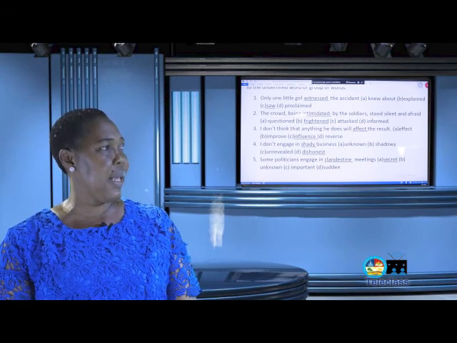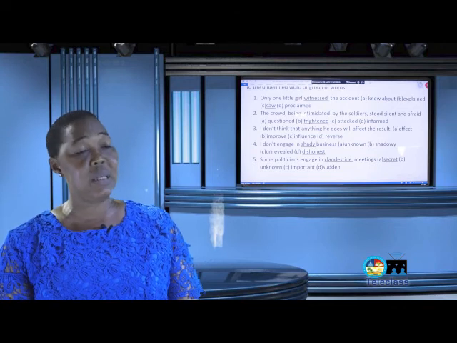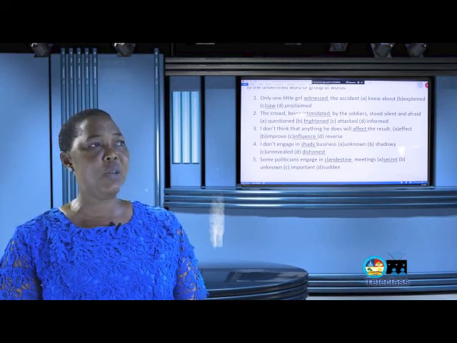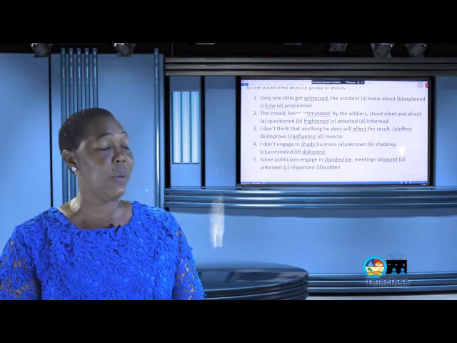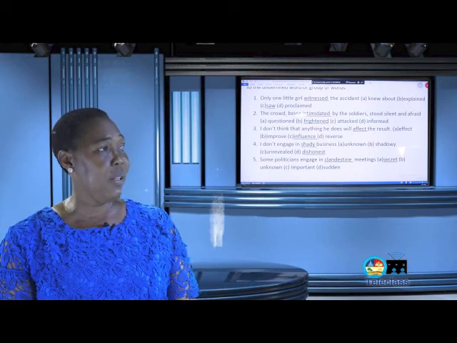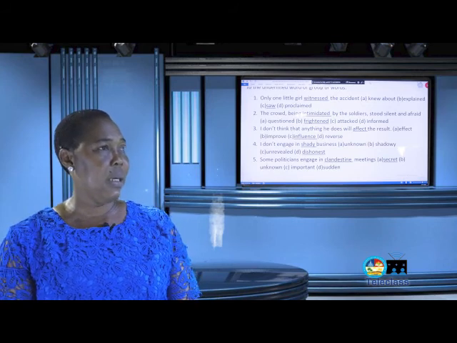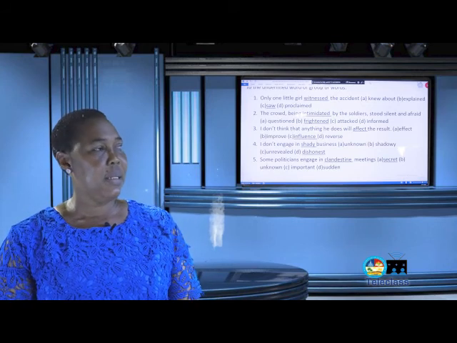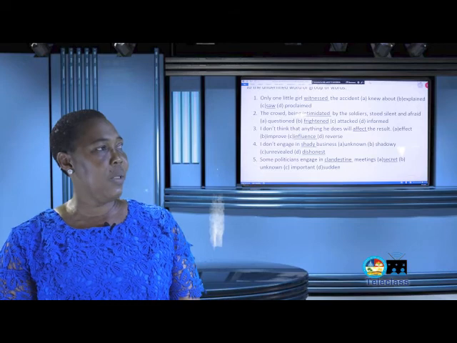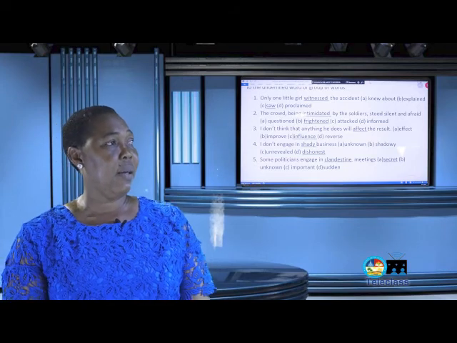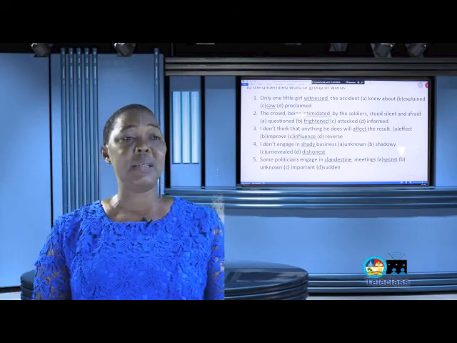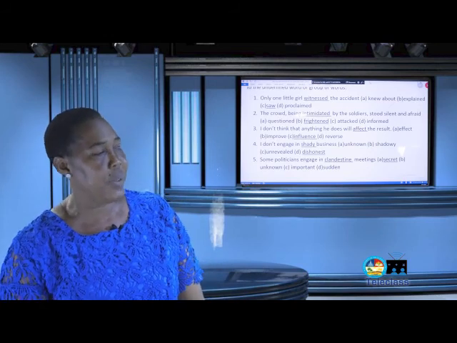Some politicians engage in clandestine meetings. What is the meaning of clandestine? Clandestine is underlined there. A. Secret. B. Unknown. C. Important. D. Sudden. So the answer is A, secret. So clandestine means secret.